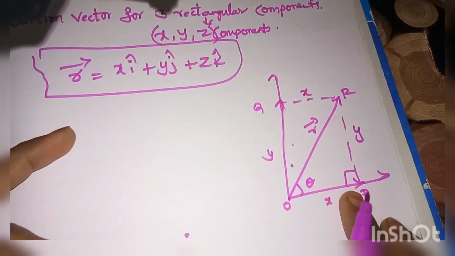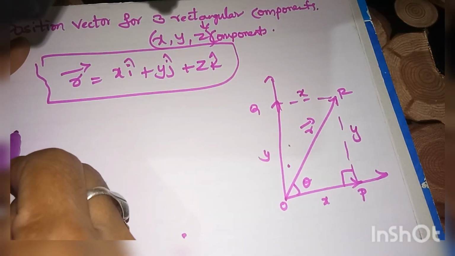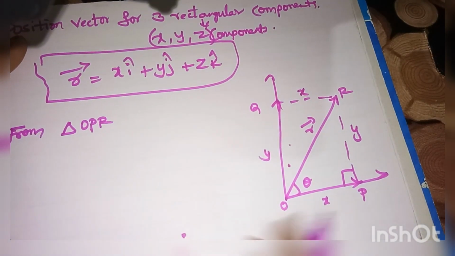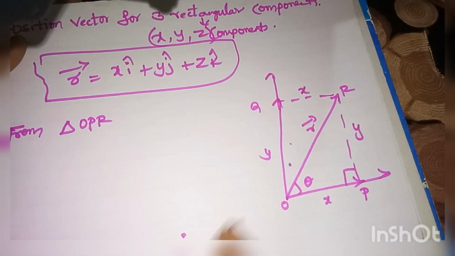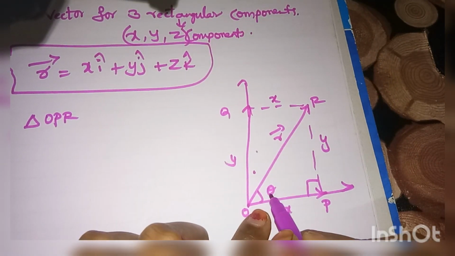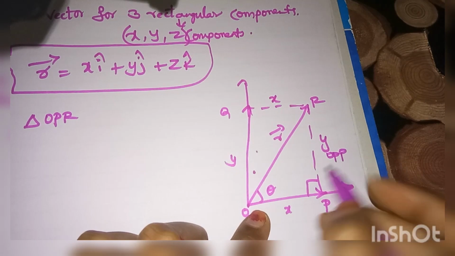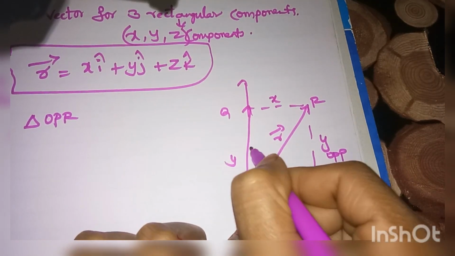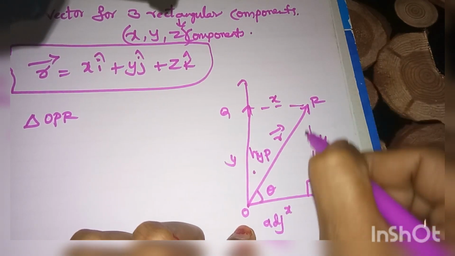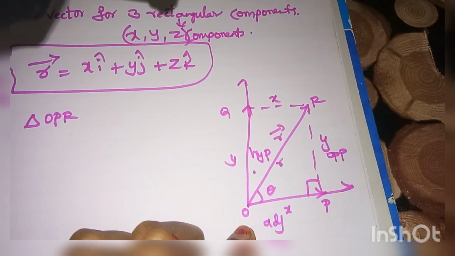From the right angle triangle OPR you can write sine theta. This is theta, this becomes opposite, this becomes adjacent, this becomes hypotenuse. And the magnitude of OR is small r.